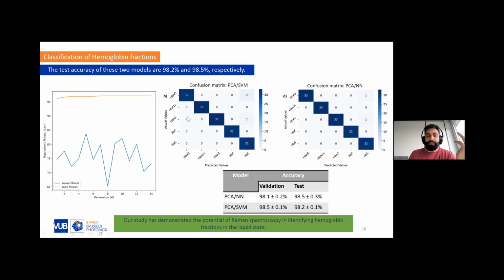And then you can see that these HbA2s were mistaken for HbS. And then out of these more than 100 samples, only 3 cases happen to be erroneously classified. And then you have the same for the neural network, the multi-layer perceptron, where 2 cases are classified incorrectly.